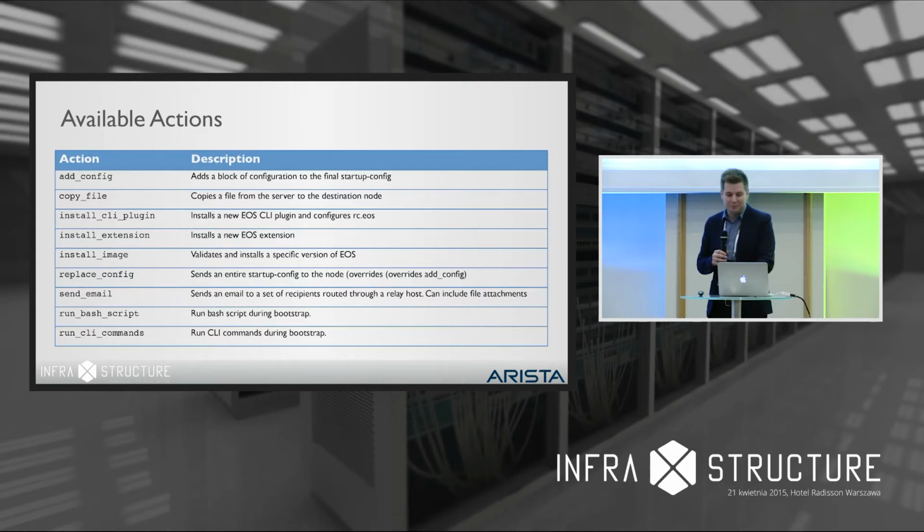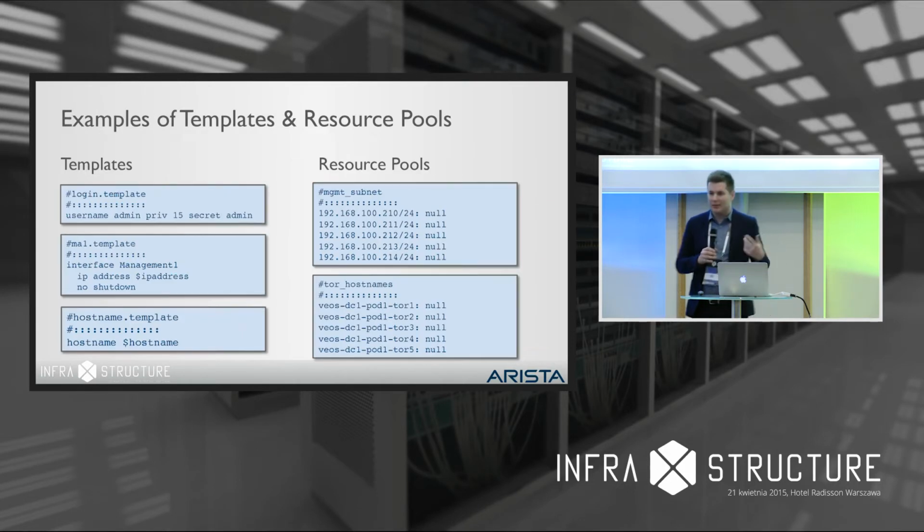So as I mentioned earlier, you can define your templates, define your resource pools, and then those pools can be allocated to that template. So in the simple example of the management IP address, we can merely take that management subnet and apply it in the config. In this particular case, these are flat files, but you've got to remember this is just software, and it's very customizable.